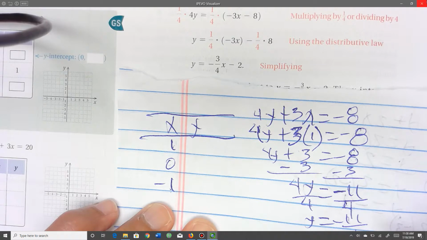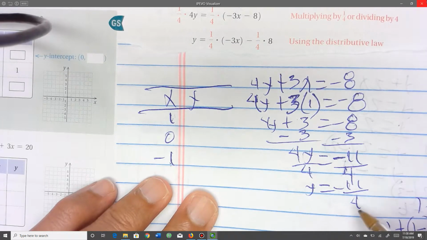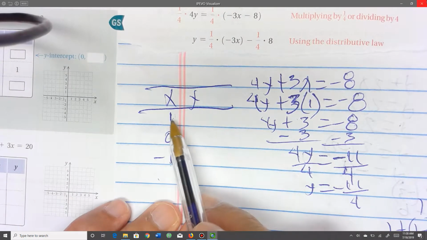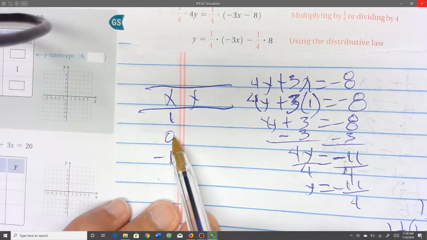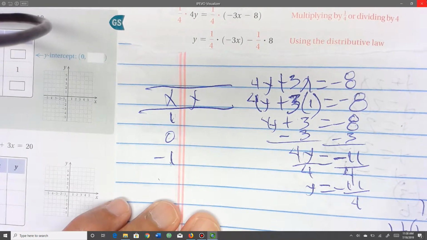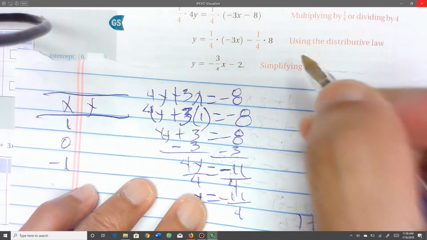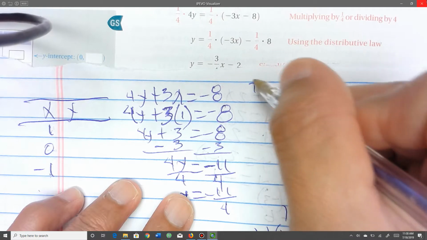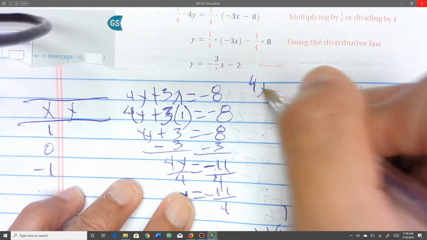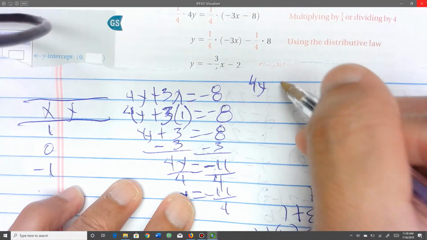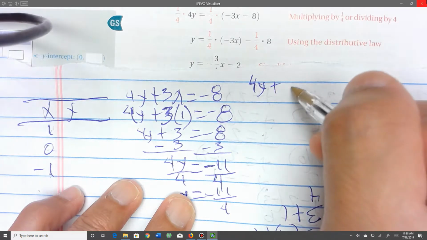Okay, that gave me a fraction, so I'm gonna need to use a different number for that. Let me go ahead and work out using 0 for x instead.